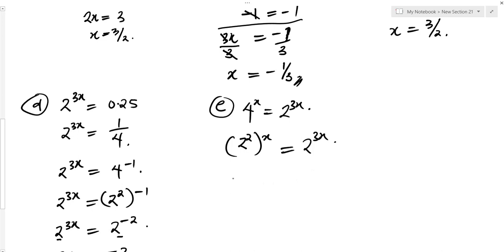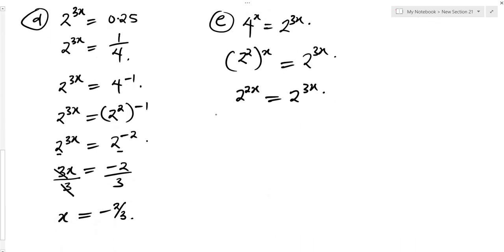So this will now be 2 to the power of 2x equal to 2 to the power of 3x. Now we have 2 to the power of x, all to the power of 2, equal to 2 to the power of x, all to the power of 3.